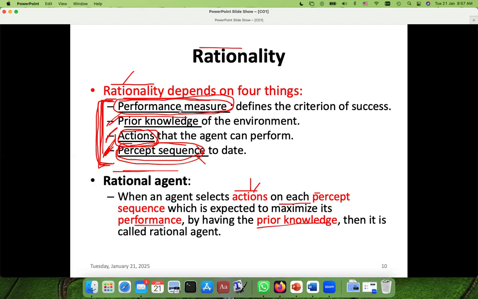Rational agent. So you can use your own words, but you have to use these four terms, and then you will have the definition for the rational agent. Moving next.